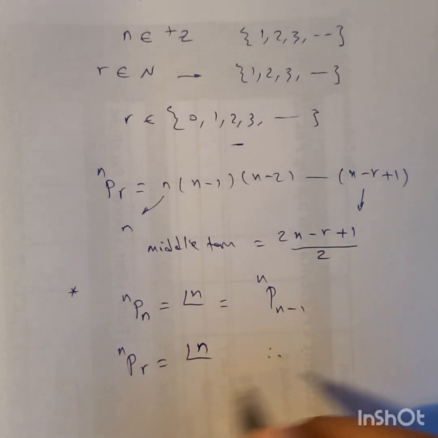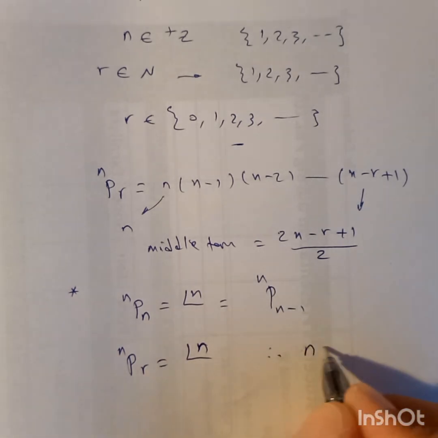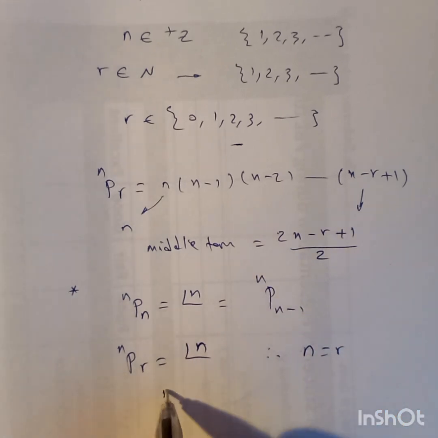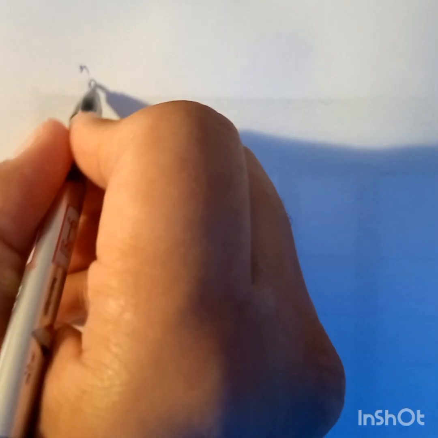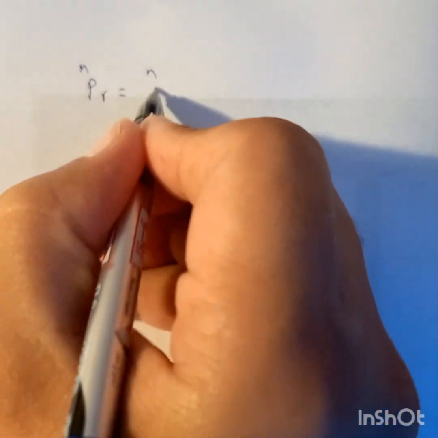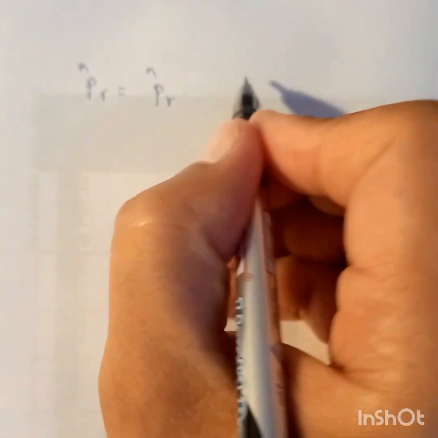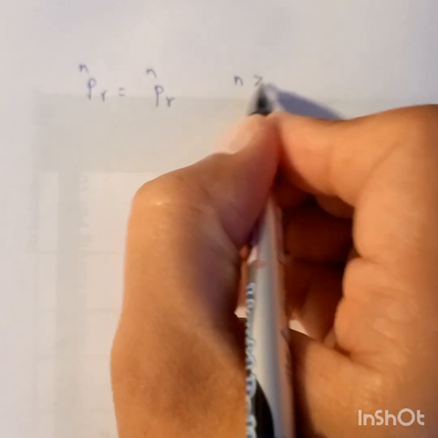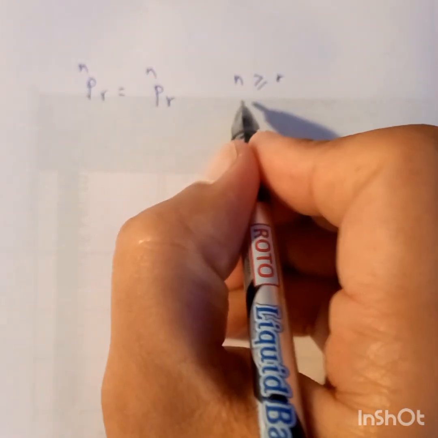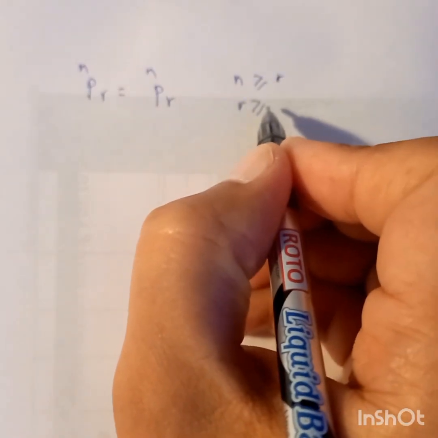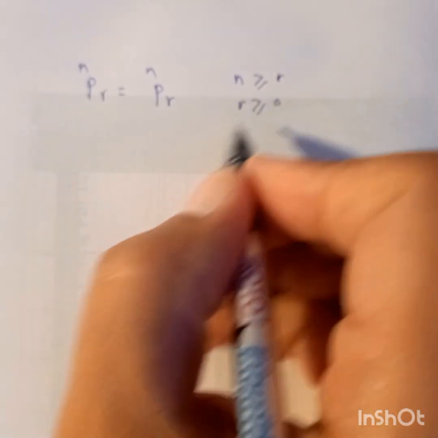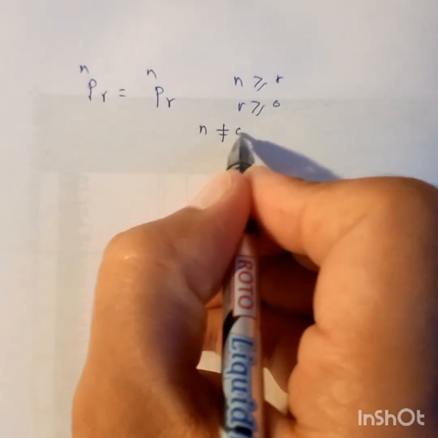If we have this relation, then we have r equals n or r equals n minus 1. Here we have other remarks about permutation. If we have nPr equals nPr, then of course n is greater than or equal to r, and r is greater than or equal to 0, and n is not equal to 0.